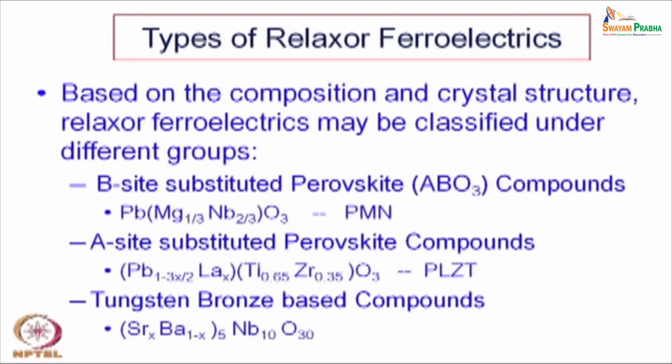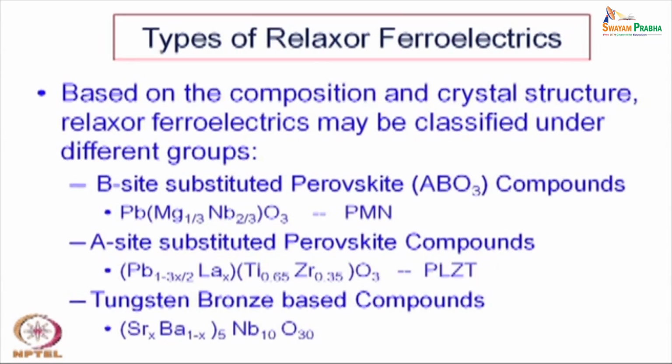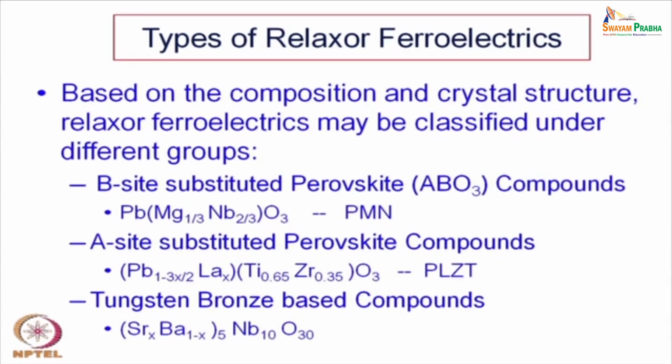And a third group comes, not exactly perovskites, but a derivative of the perovskite structure, which is the tungsten bronze structure. That tungsten bronze based compound is basically a niobium based tungsten bronze, that is Nb10O30, and added to that we have strontium and barium in some proportion.